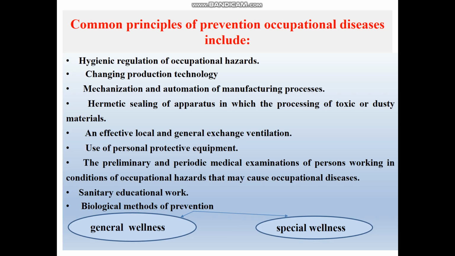Second, changing production technology. Instead of the use of liquids, powdery products, granules, and pastes, change to a dry or wet process, pneumatic riveting, hammers, spot welding. Third, mechanization and automation of the manufacturing process.